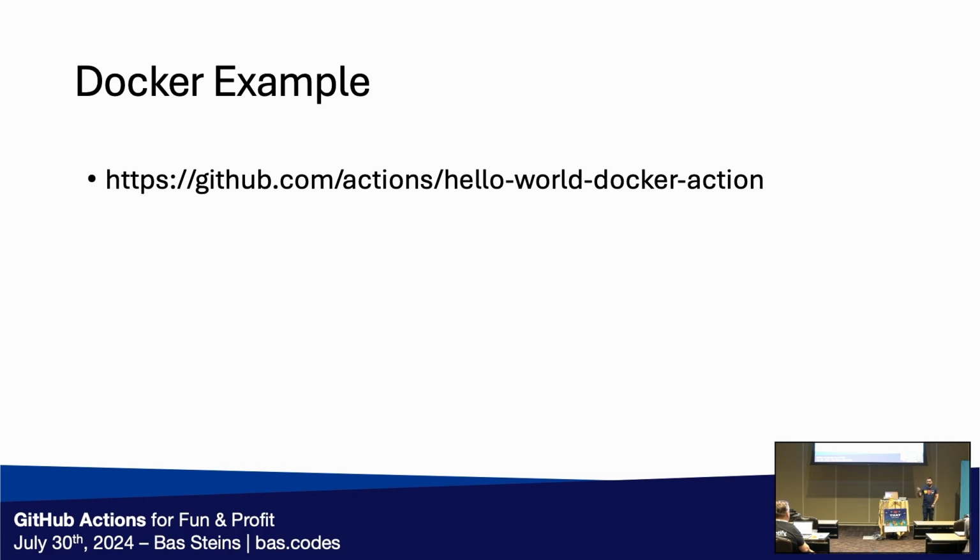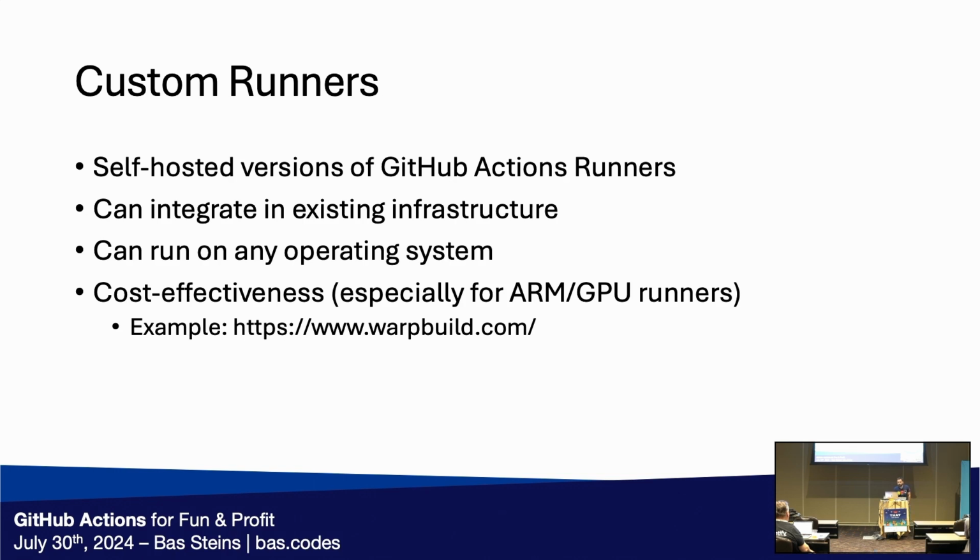And again, as for custom actions, there are also custom runners, which we already briefly talked about. The idea here is to provide a virtual machine, which is used to run all your workflows instead of the hosted runner that GitHub provides. And again, the advantage here is that you can integrate it in your existing infrastructure.